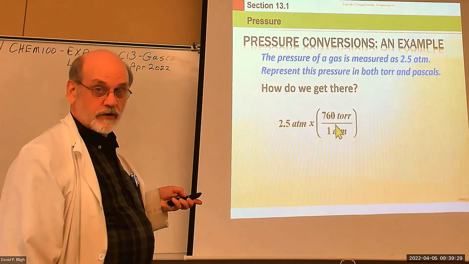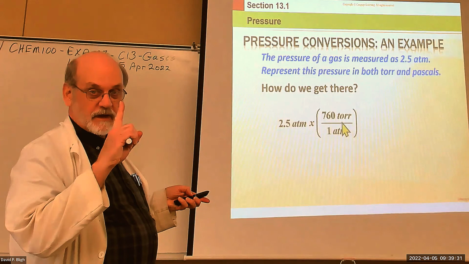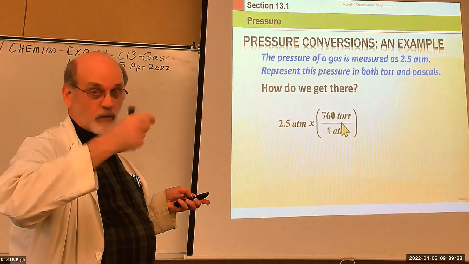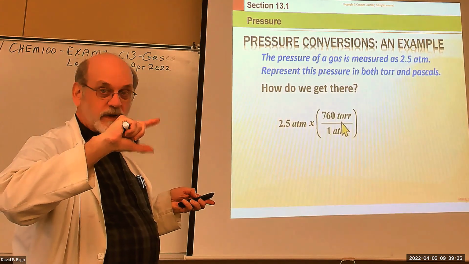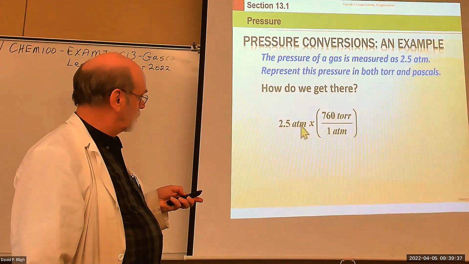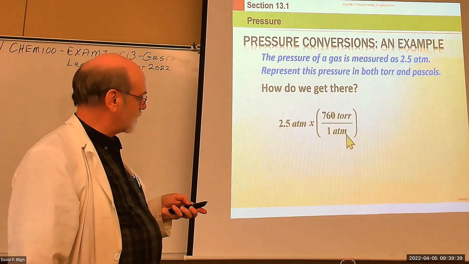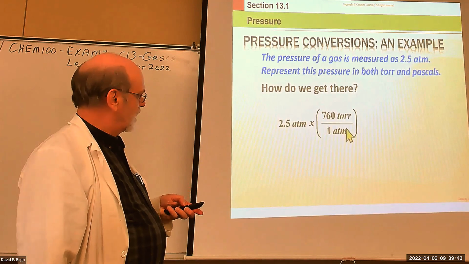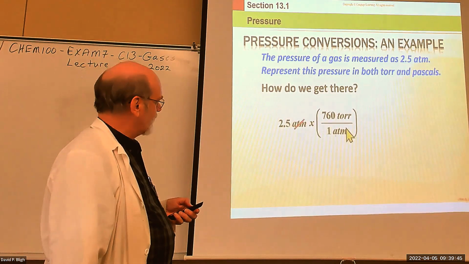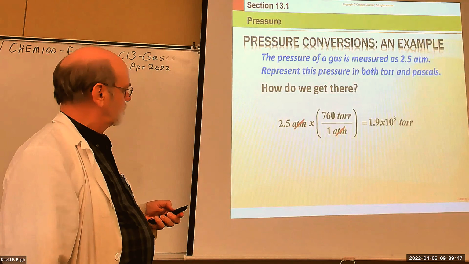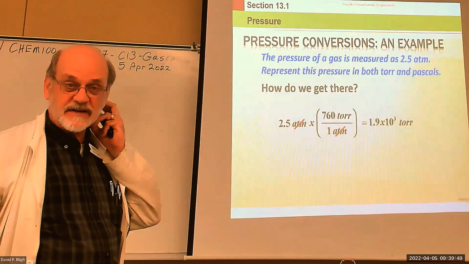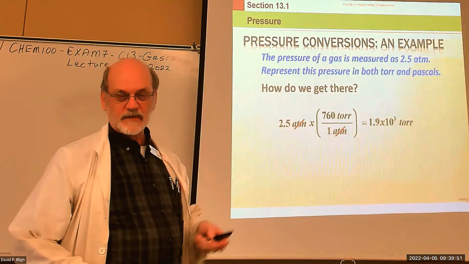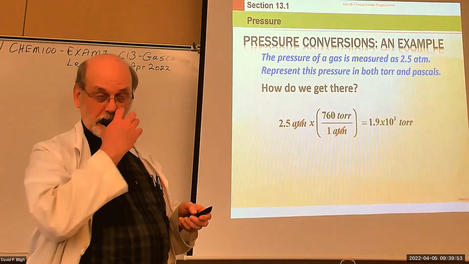And remember, all conversion factors are equal to 1. So we can flip it either way. However, we need to cancel atmospheres. So atmospheres goes on the bottom, torr on the top. And that gives us 1.9 times 10 to the third torr is 2.5 atmospheres.